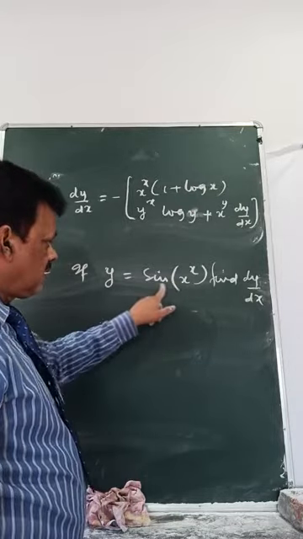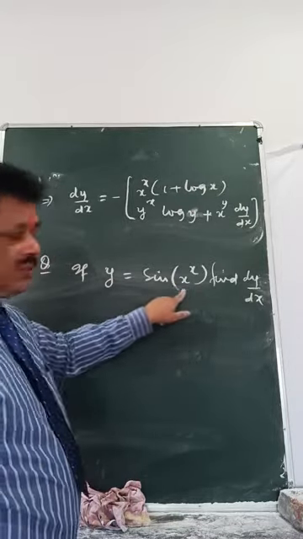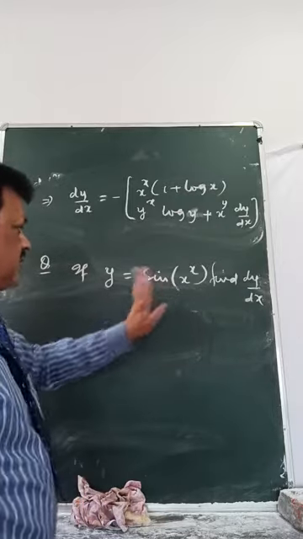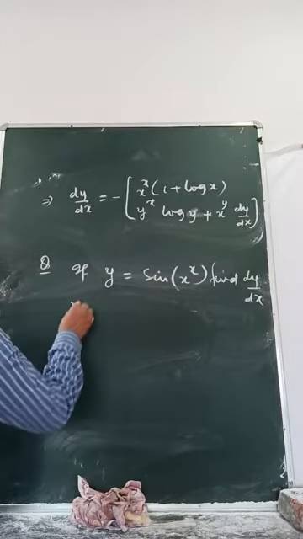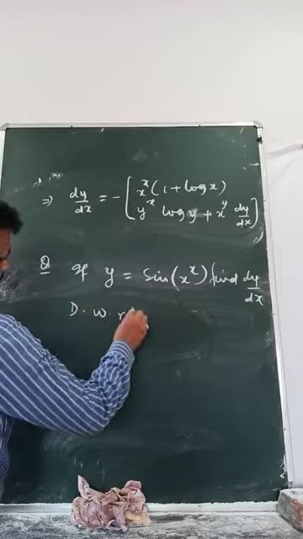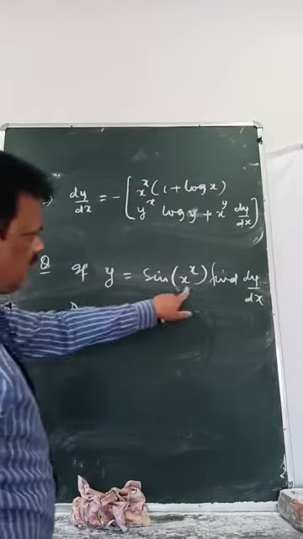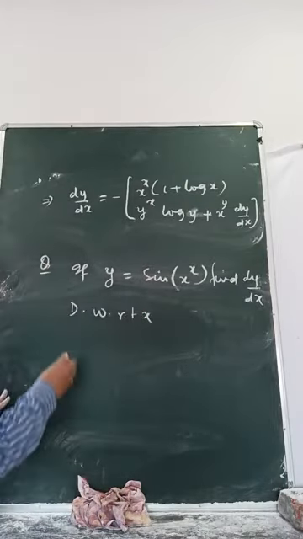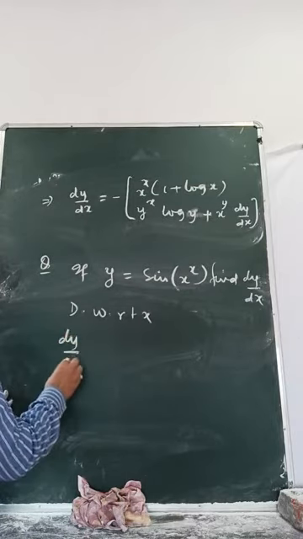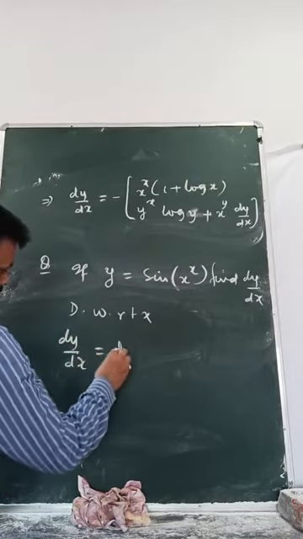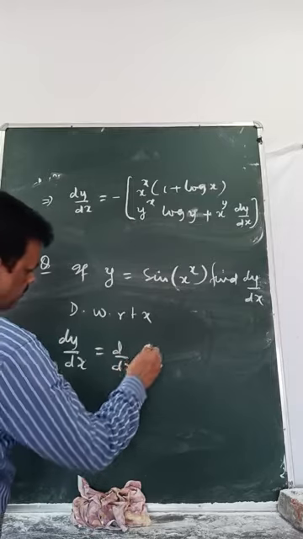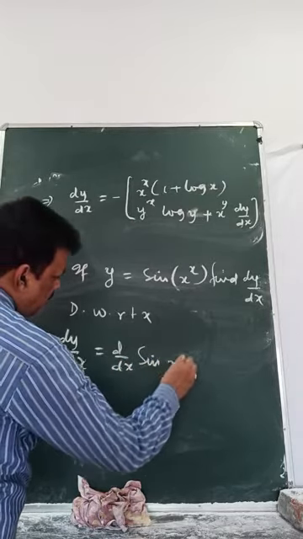So if you take log also, there is no use here. In this situation, if you take log, it becomes meaningless. So differentiating with respect to x, dy by dx is d/dx of sin x to the power x.